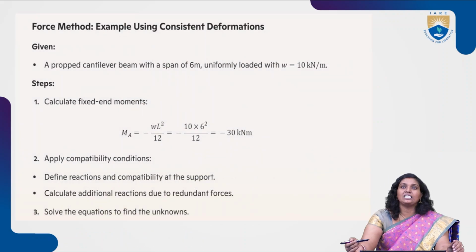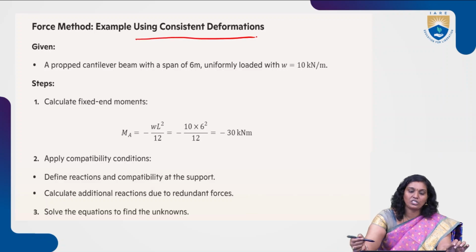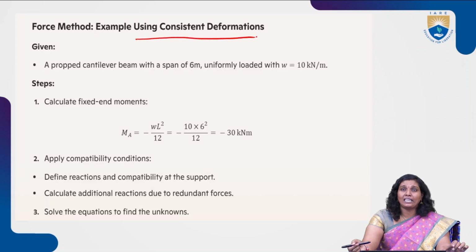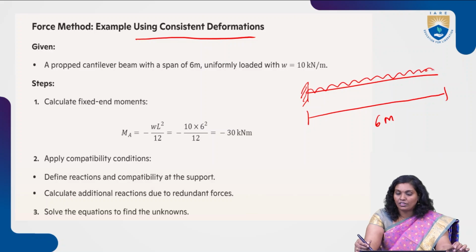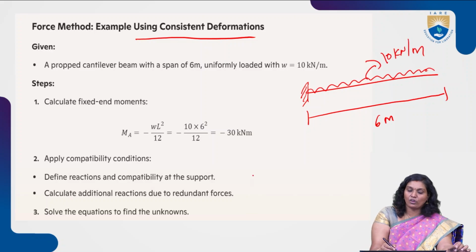Now, for the force method, an example of using consistent deformation: a propped cantilever beam of span 6 meters and uniformly loaded with w equal to 10 kilonewton per meter. First we are going to find out the fixed end moments.